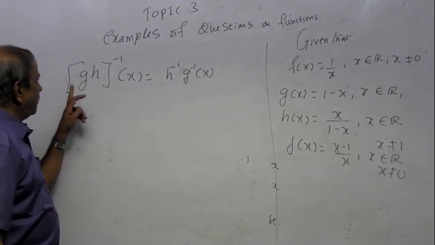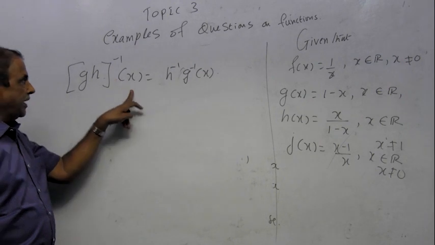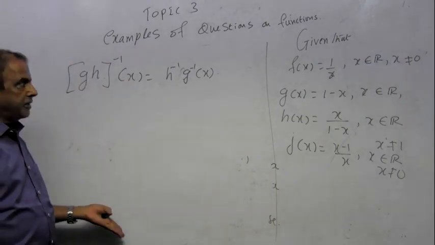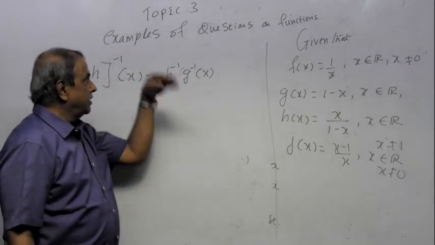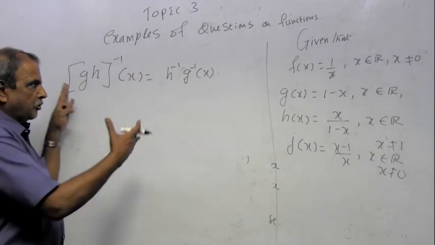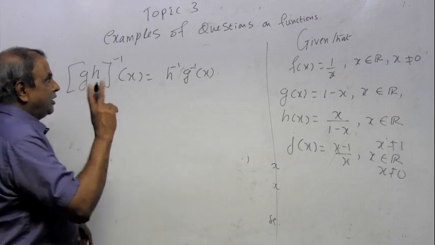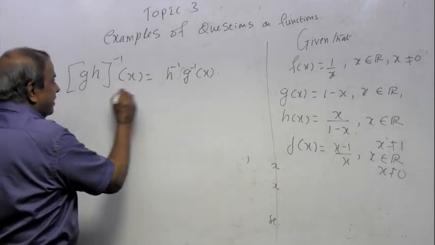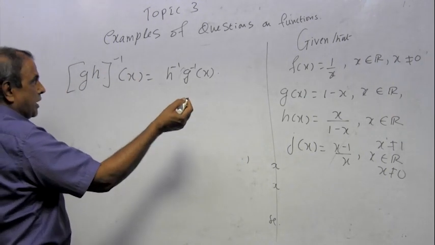That means find gh, find its inverse, you get an answer. Find g inverse, find h inverse, operate one into the other, get another answer. Show both answers are the same. There's another way of proving it, which I'll show you in a minute.